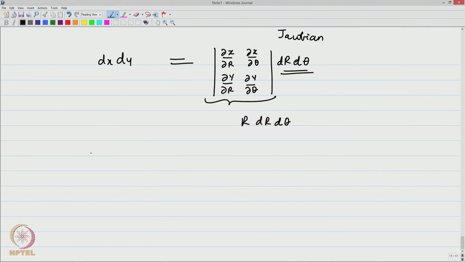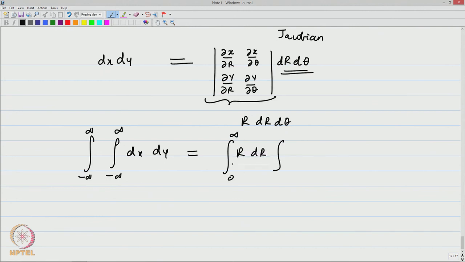Okay. And the limits minus infinity to plus infinity for dx and dy are now replaced by the limits 0 to infinity for r dr and 0 to 2 pi for d theta.